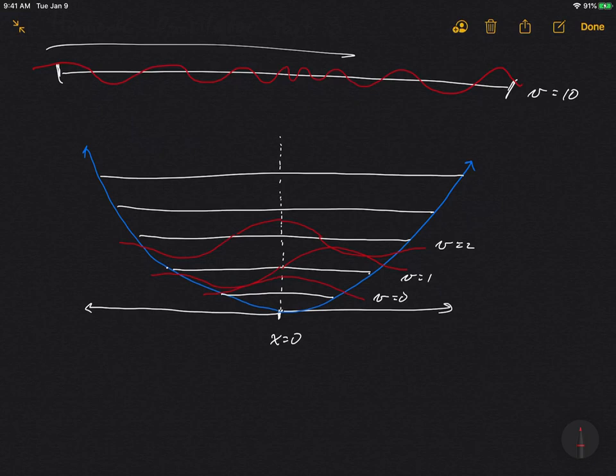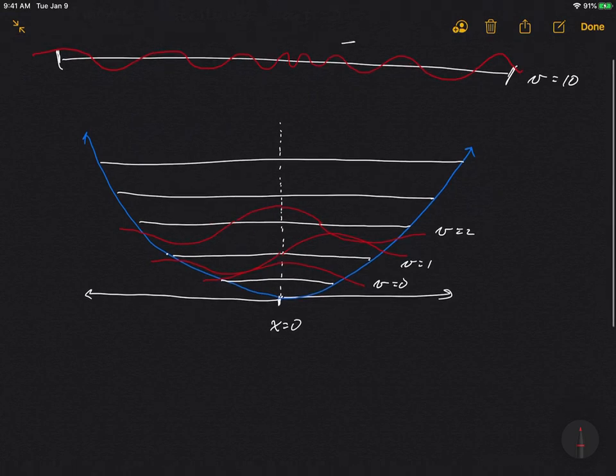And because there's often a rough correspondence between quantum mechanical probability density and time averaged behavior.